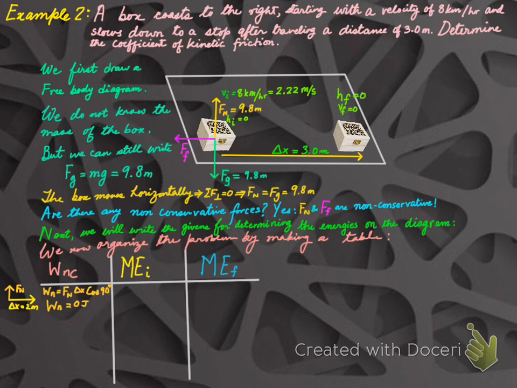Next, let's look at the force of friction. The force of friction is acting to the left, the displacement is to the right. The angle between the direction of the force and the direction of the displacement is 180 degrees.